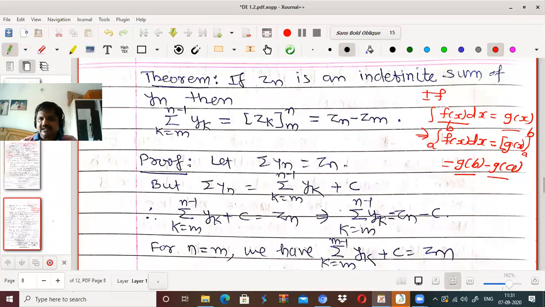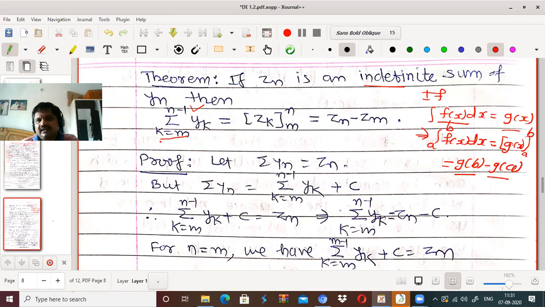In the same way, there is a relation between indefinite sum and definite sum. Now, if Zn is the indefinite sum of yn, then the summation from k equals m to n minus 1 is the definite summation of yk, equal to zk from m to n, that is z at n minus z at m.